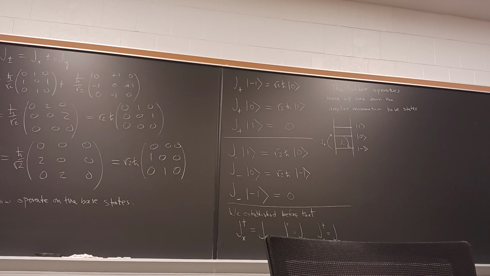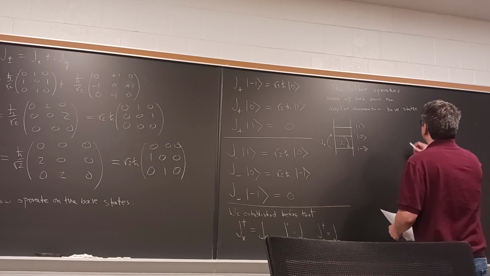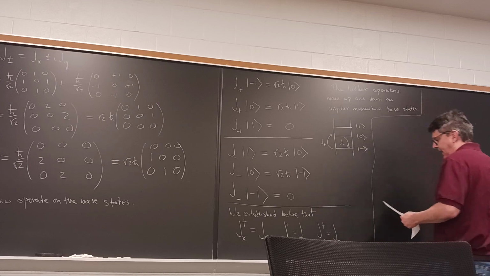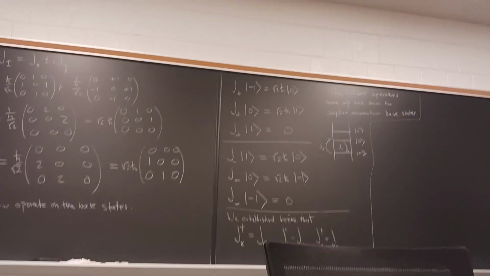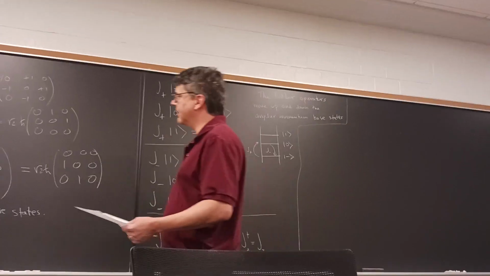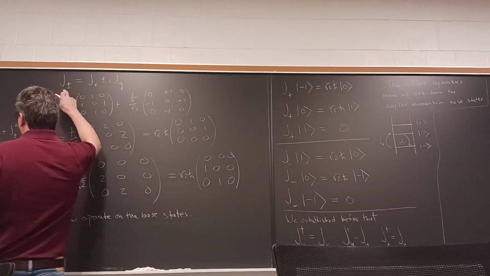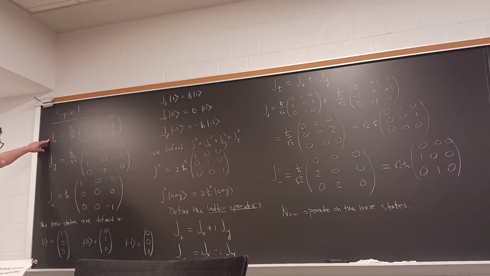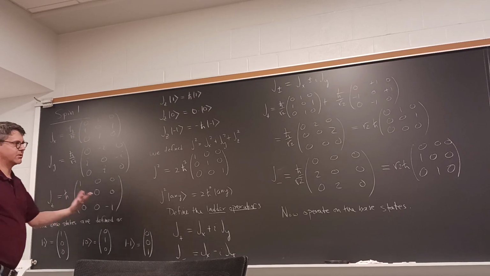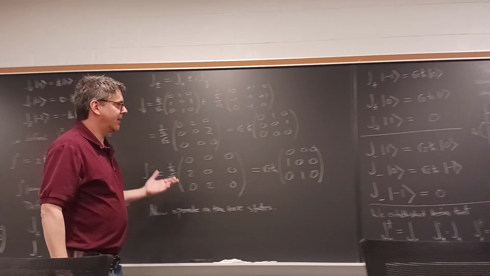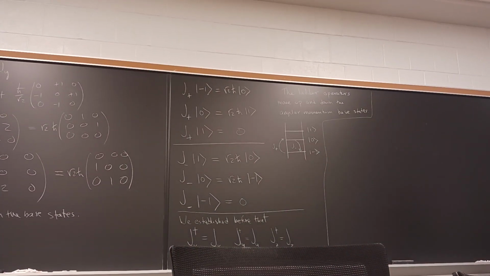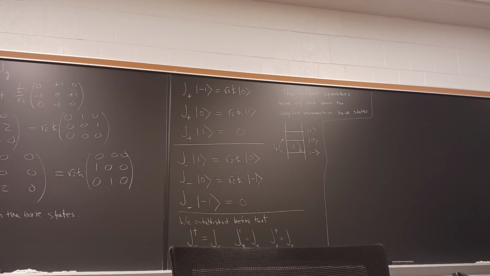So now let's go ahead and do some calculations, because now that we have some new operators. We just defined J plus and J minus, and we established already also the commutation relations between Jx, Jy, Jz, and J squared. And now that we have our new operators, we want to find out how they interact with Jx and Jy and so on.